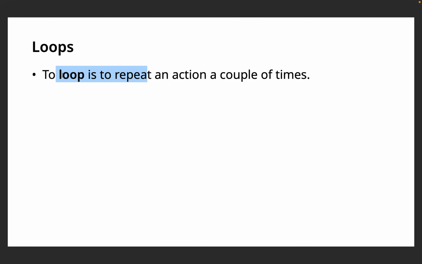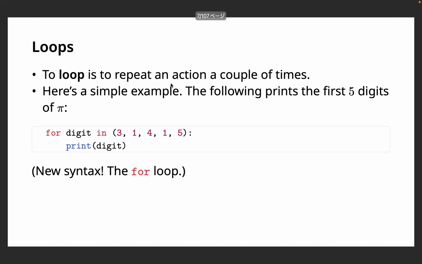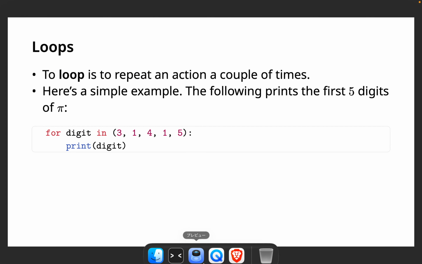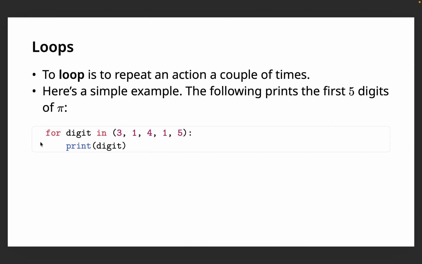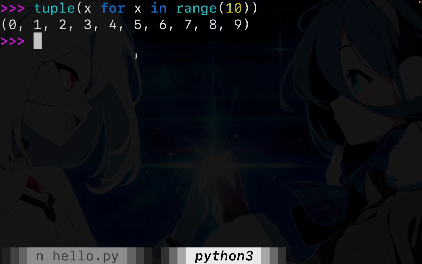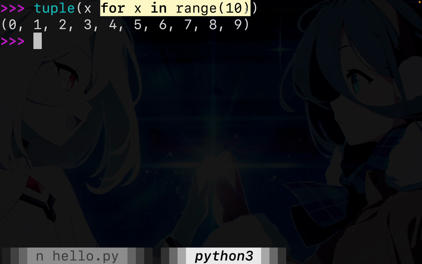So when we say loop, it's basically repeating something several times. So for example, we have this over here. If you think about this, this is kind of like a comprehension, but just rearranged. I'll directly copy this part.